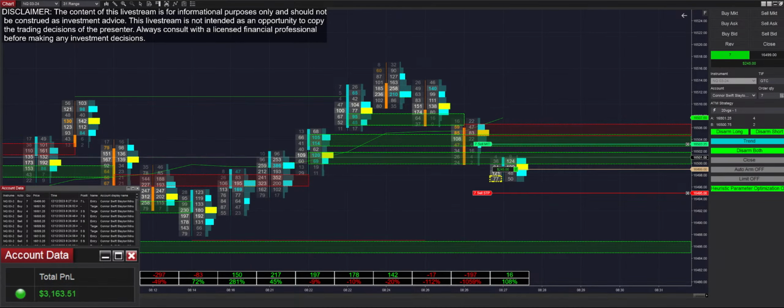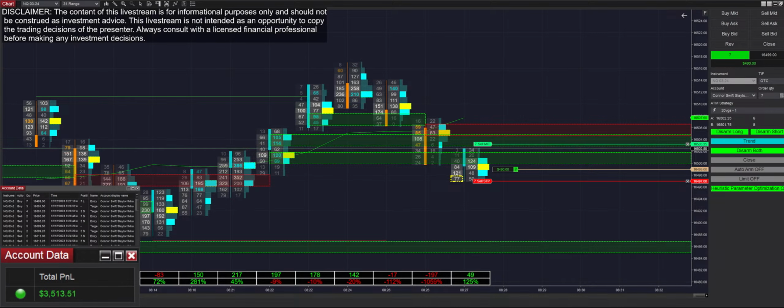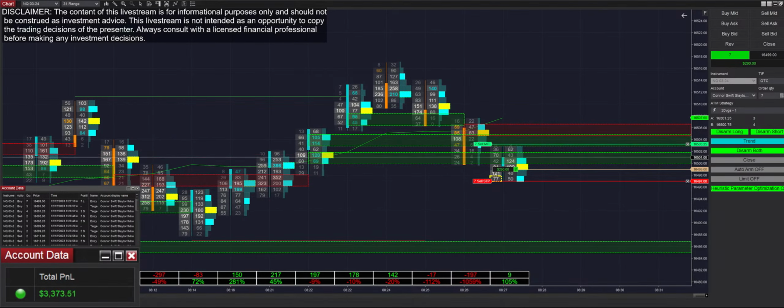Looks like we just got filled long here. And hopefully we get a win that is just as quick. Almost got filled there. Very, very close. I'm surprised we didn't. Dang, all the way back down to our entry.